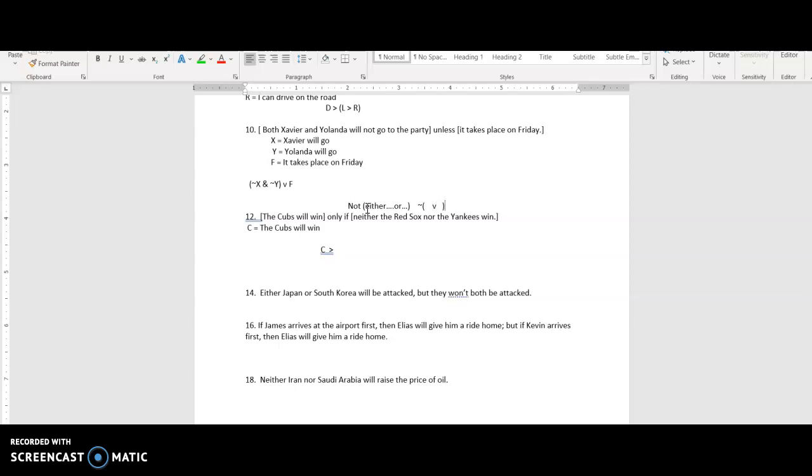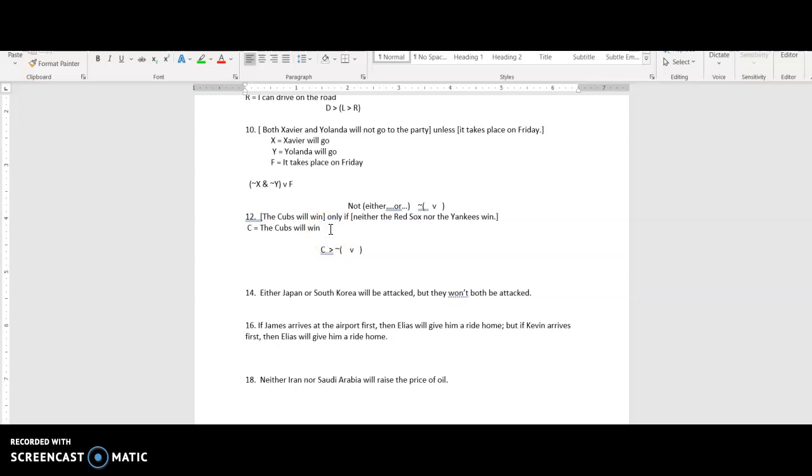So either or is a disjunction, not is negation. So not either or, neither nor. It sounds the same, like not either or, neither nor. It sounds very similar, and it's easy to remember: not, parentheses, disjunction. So we have not, parentheses, disjunction.